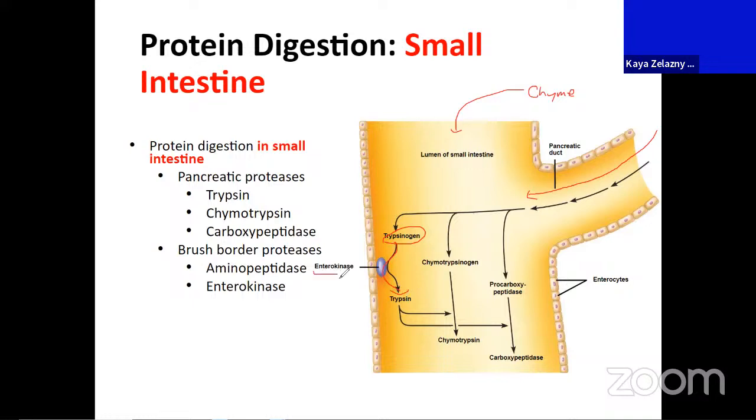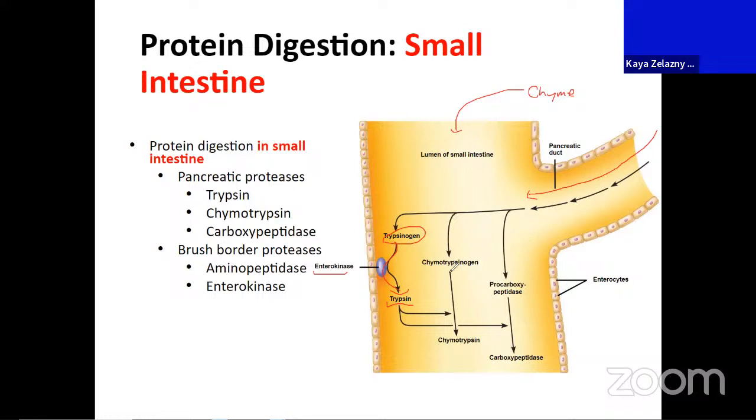So this enterokinase is working in the same way that lactase would, right? So that's an analogy you could have made to understand what this brush border enzyme is doing. So here we see trypsinogen getting activated into trypsin. Okay. And we see it looping back to activate some more proteases.